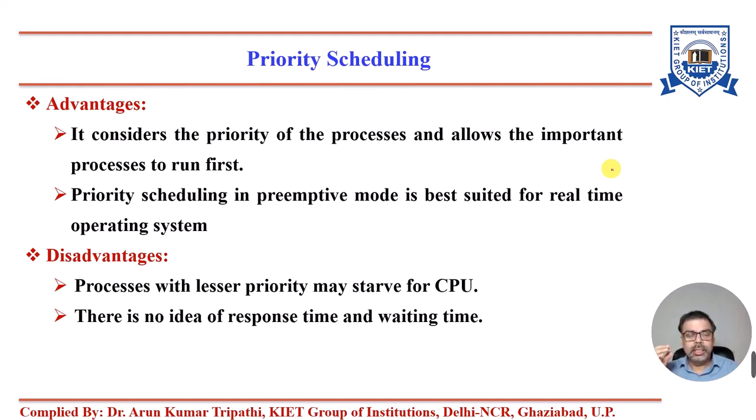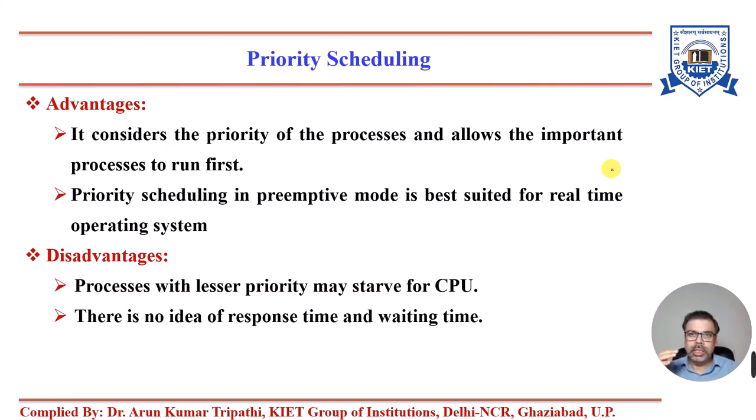So this is the best example for a real-time operating system. The disadvantage is that processes with lesser priority may starve for the CPU, because this may be possible.